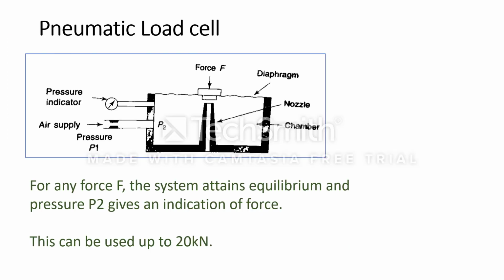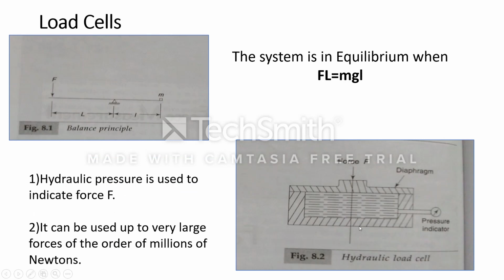The next is the pneumatic load cell. As the word is pneumatic, it uses air or compressed air. It can be used up to 20 kilonewton, so it measures loads up to 20 kilonewton. The figure again contains one chamber, but what is the difference from the hydraulic load cell chamber?